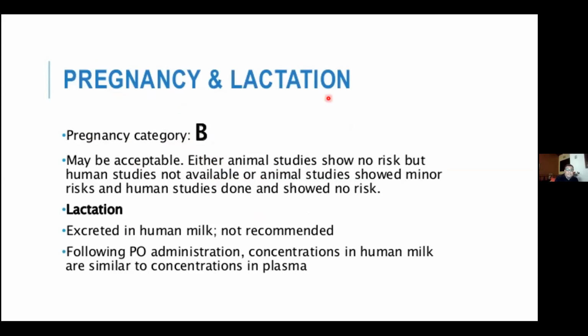During lactation, the drug will be excreted with the milk, and the milk will have the metallic taste, and the baby will not like the milk. Therefore, during lactation, metronidazole is not recommended.